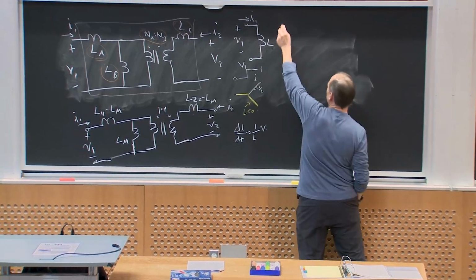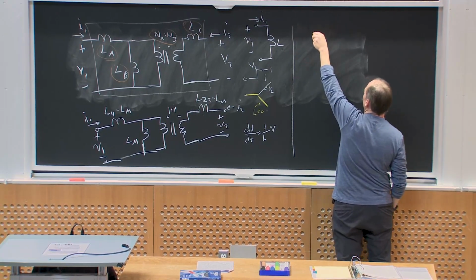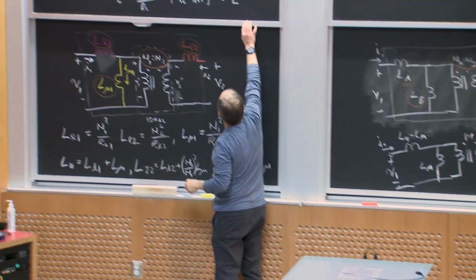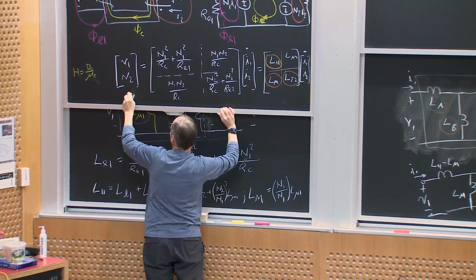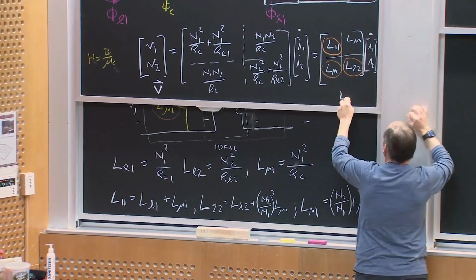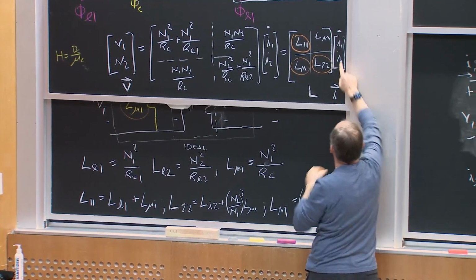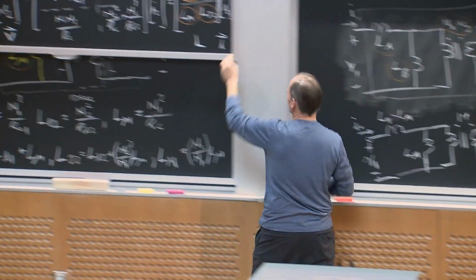If I have a 2-terminal device, what I get is V equals L di/dt. This equation here is simply V, a vector equation, equal to L, where this is an inductance matrix, times I dot, where that's a vector of currents, di/dt.